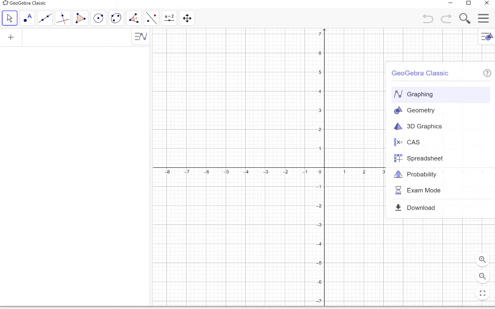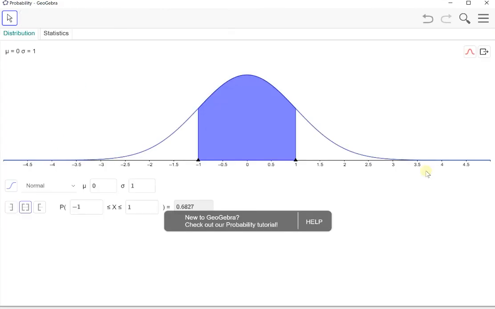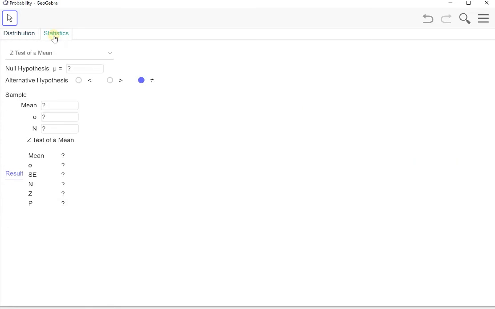To perform a 2-sample t-test for the means in GeoGebra, we'll first open the probability calculator, and then open the statistics tab. Make sure to test for the 2-sample means.